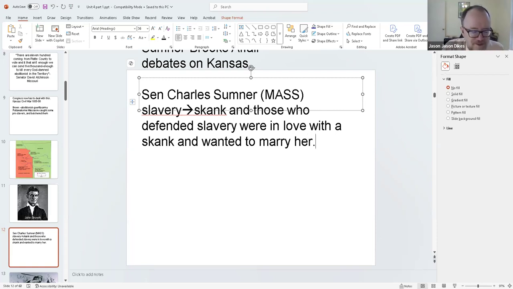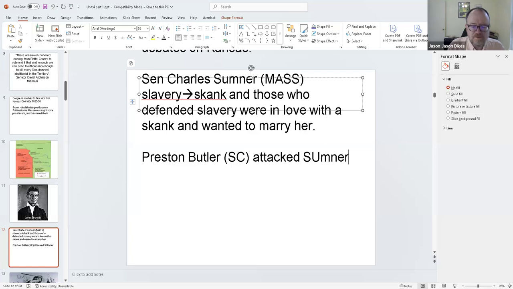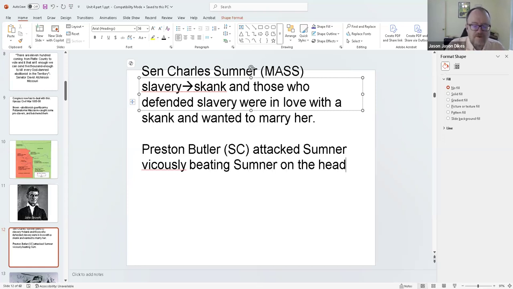I'm paraphrasing here. A couple of days later, Preston Brooks of South Carolina attacked Sumner viciously, beating Sumner on the head.